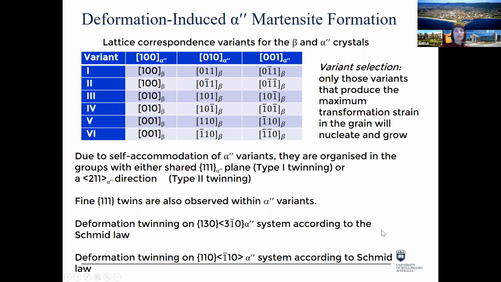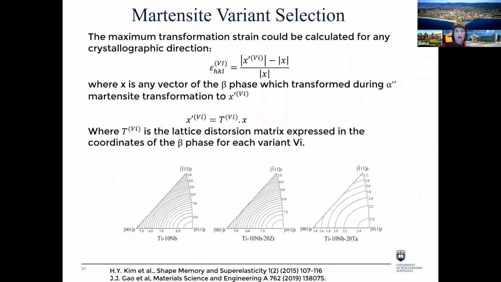Not always, but at the beginning of deformation, which system operates will depend on the Schmidt law, or orientation of the grain. Also, we could produce special inverse pole figures that show which orientation will be the most favorable for formation of variants with maximum transformation strain.